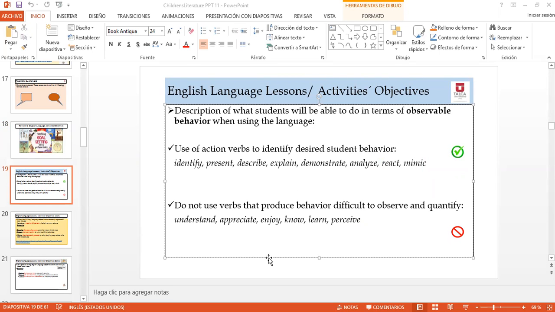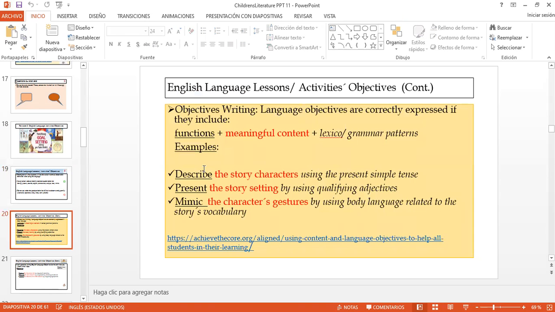We did some examples, and I need to ask you whether you were able to understand them. Okay, so using the verb of action, right? Writing a content, then using expressions referring to language, lexical and grammar patterns. So vocabulary, lexical, the same as in Spanish, lexical, and grammar.